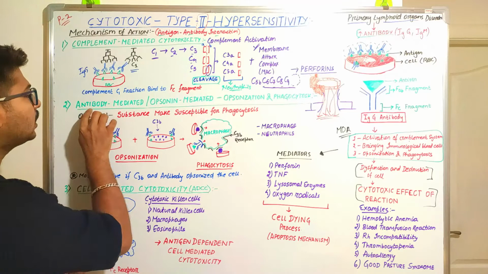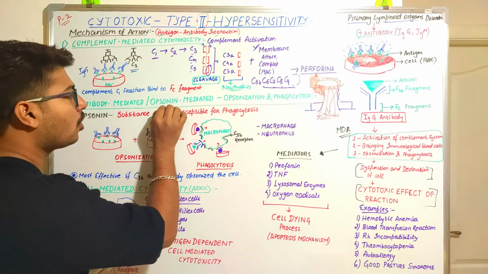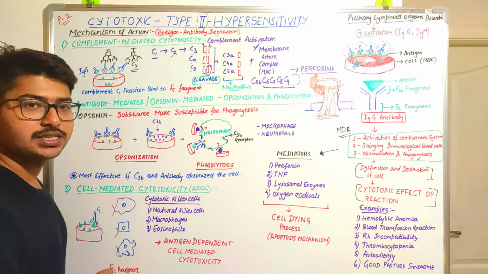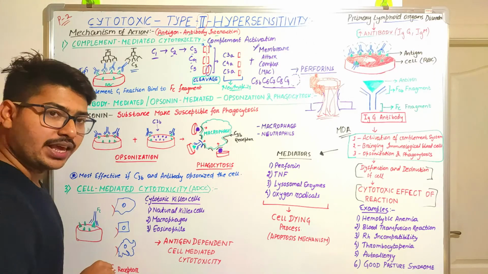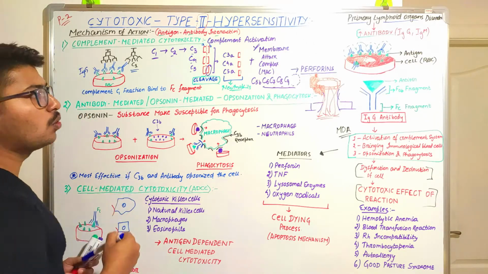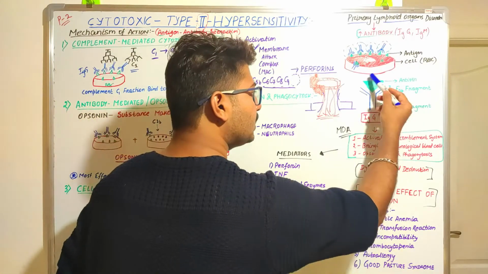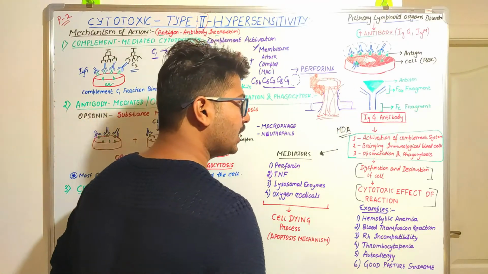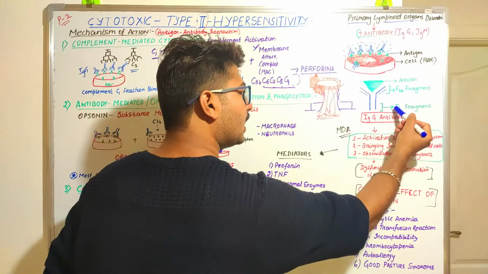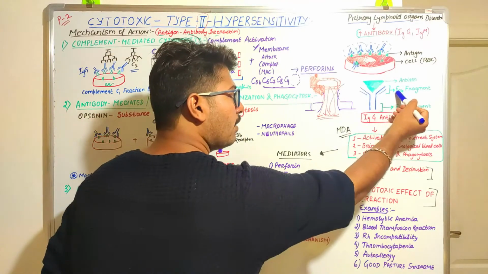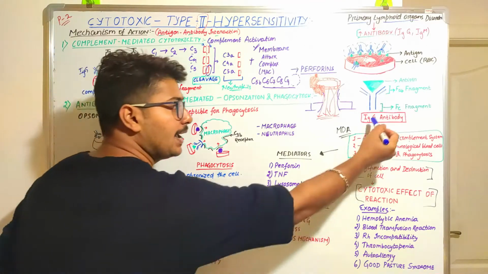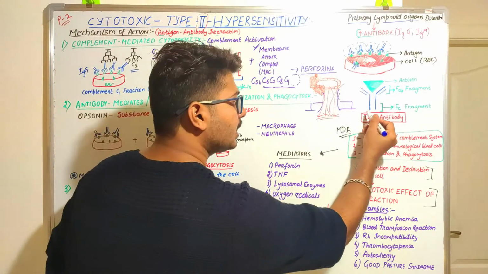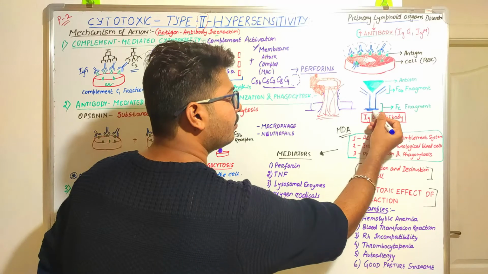Next comes antibody mediated or opsonin mediated opsonization and phagocytosis. Here comes the special thing: as we know, there are two types of fragments present in the antibodies. One is the FAB fragment and the other is the FC fragment. The FAB fragment attaches with the antigen and the FC fragment is free.